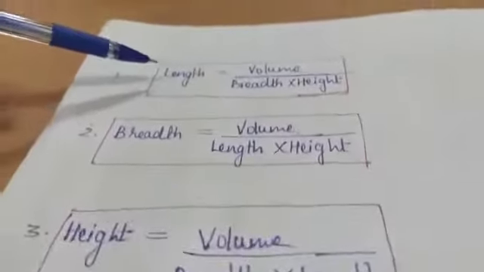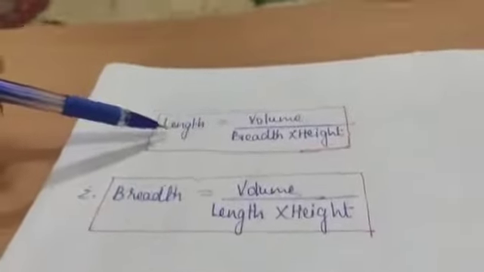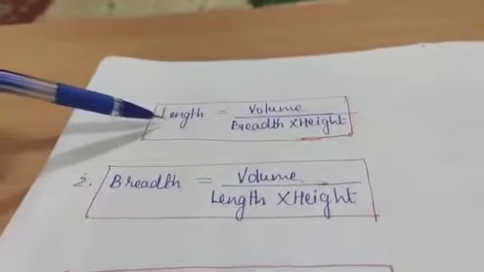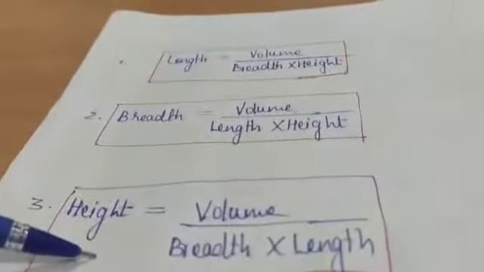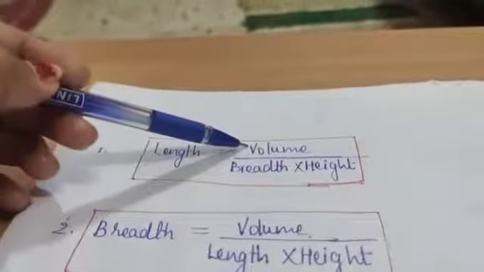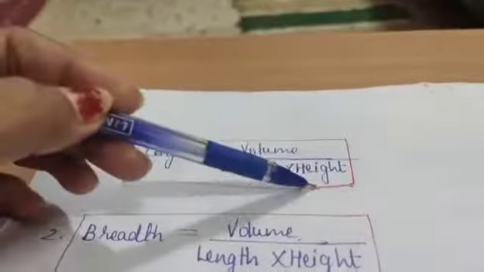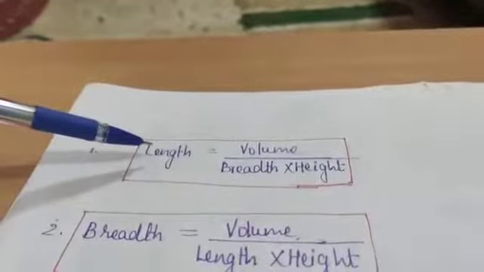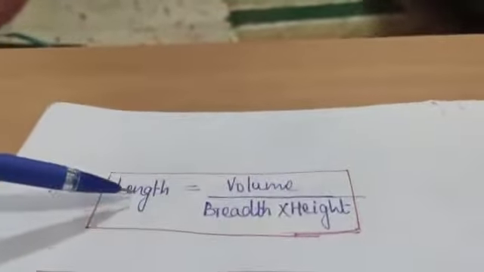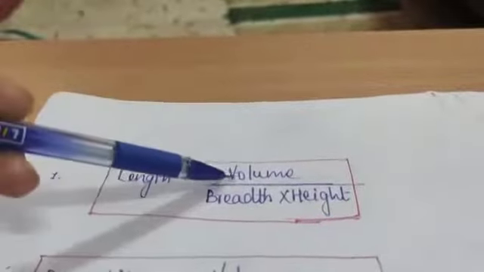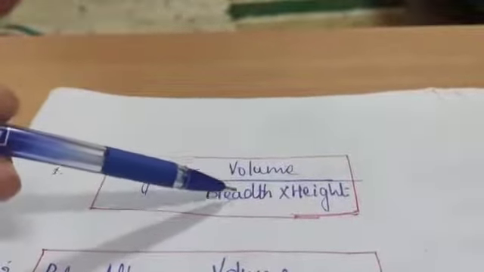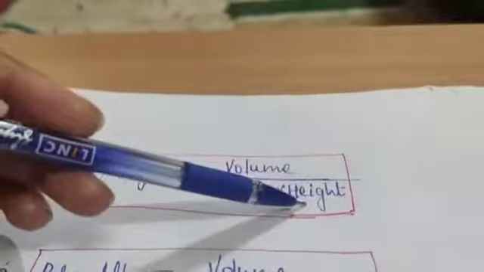Three more formulas are there to find the different dimensions, that is length, breadth or height. If we are given volume, breadth and height, and we have to find the length, we will use the formula volume of cuboid upon breadth into height.